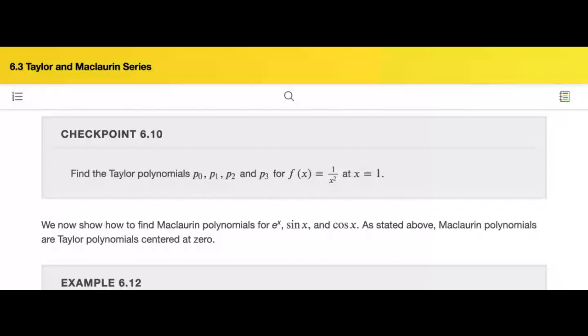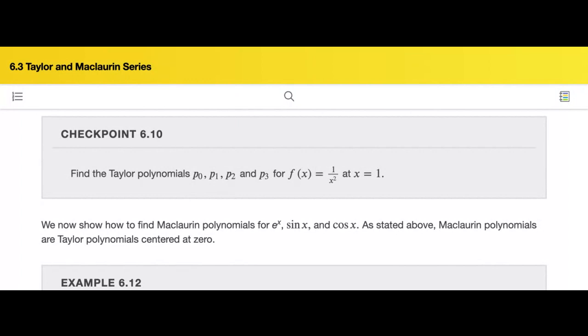P2 is just P1 plus f double prime of 1, which is 6, divided by 2 factorial, times x minus 1 squared, which is 3. So P2 is negative 2x plus 3 plus 3 times x minus 1 squared.